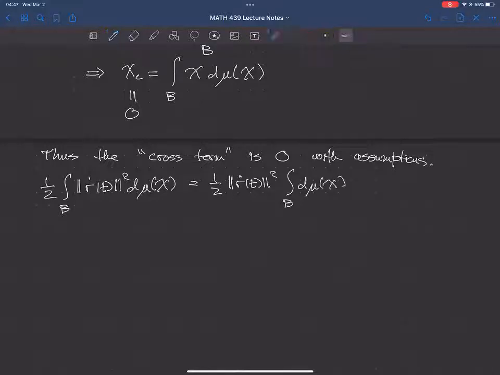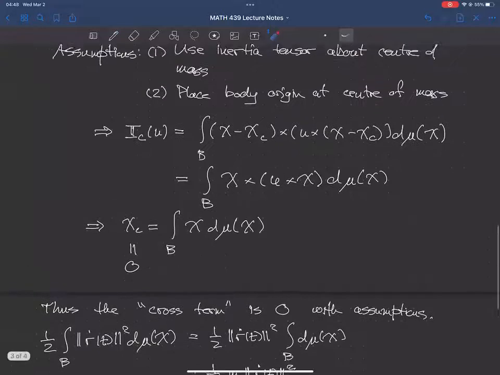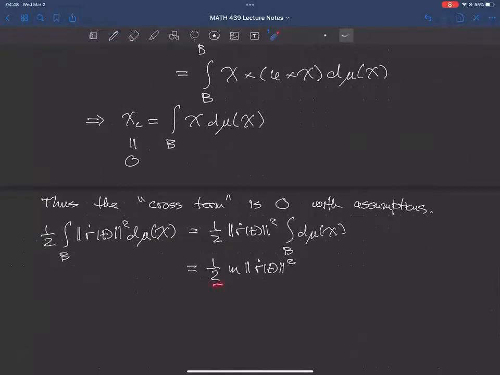Okay, and so this is just the integral of the function 1, and by definition, that's the mass. Okay, so that term has a simple meaning. With these assumptions that I'm making, this is just the translational kinetic energy of the body.